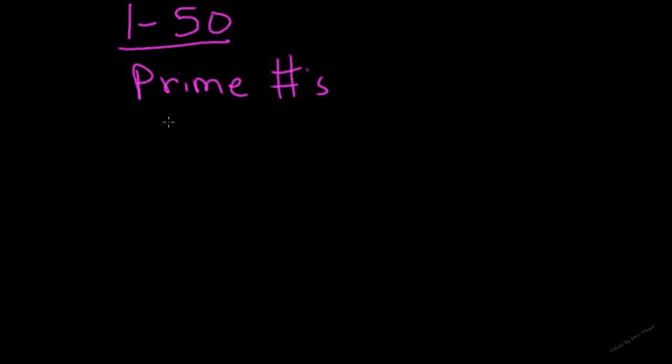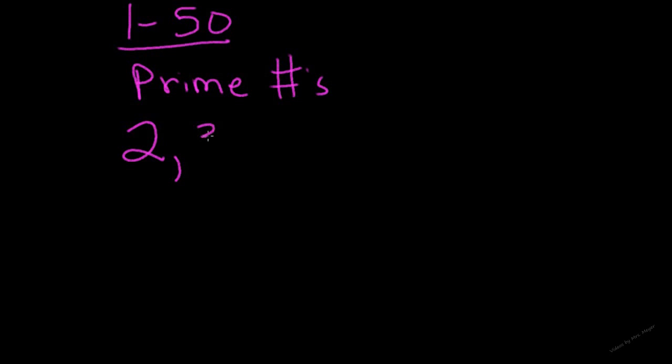So, knowing that prime numbers have only two factors, one and itself, another thing I tell students is that the only even number in all numbers that is prime is the digit 2. So if we start at the bottom with 1, thinking about which numbers are prime and which are composite, we know that 2 is the only even number that is prime because it has two factors, 1 and 2.